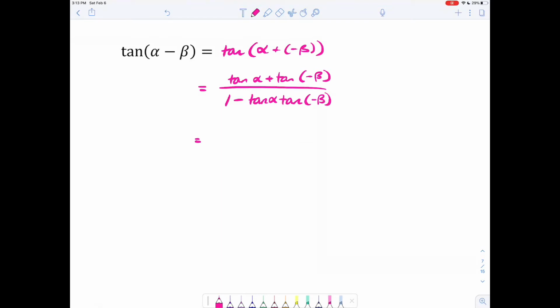Simplifying things, I know that tan is an odd function, so tan of negative x is equal to negative tan of x, which means that this turns into negative tan of beta, and on the bottom, this turns into negative tan of beta as well.